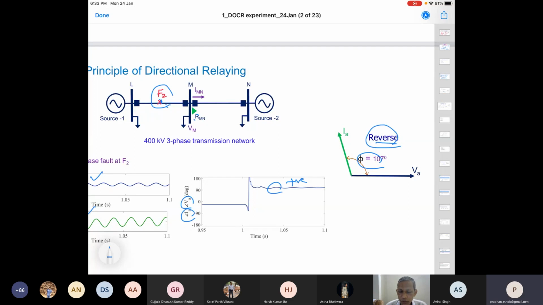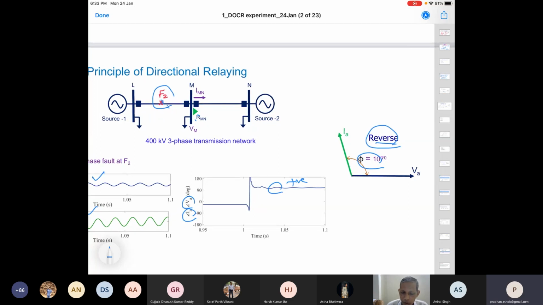So the conclusion is that for such a system, if any relay wants to determine the direction of fault, what we need is the voltage information and the current information, that is the phasors.